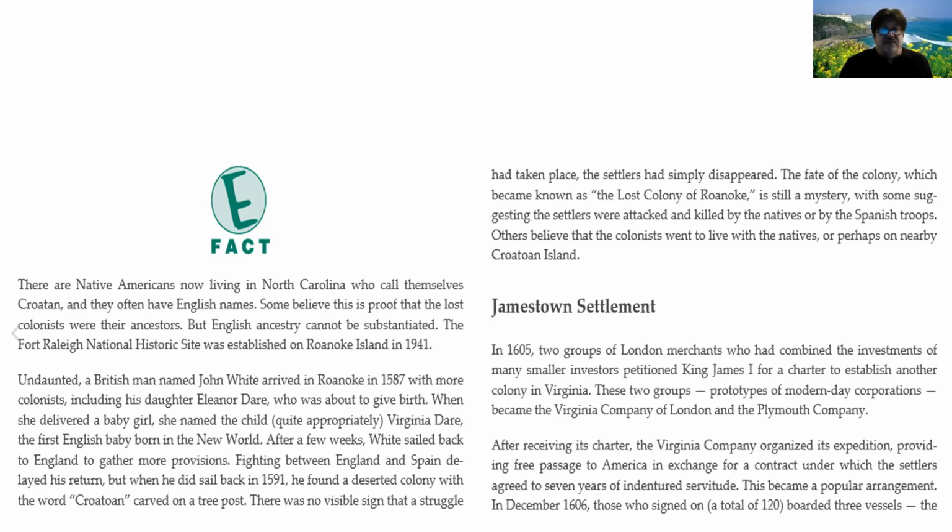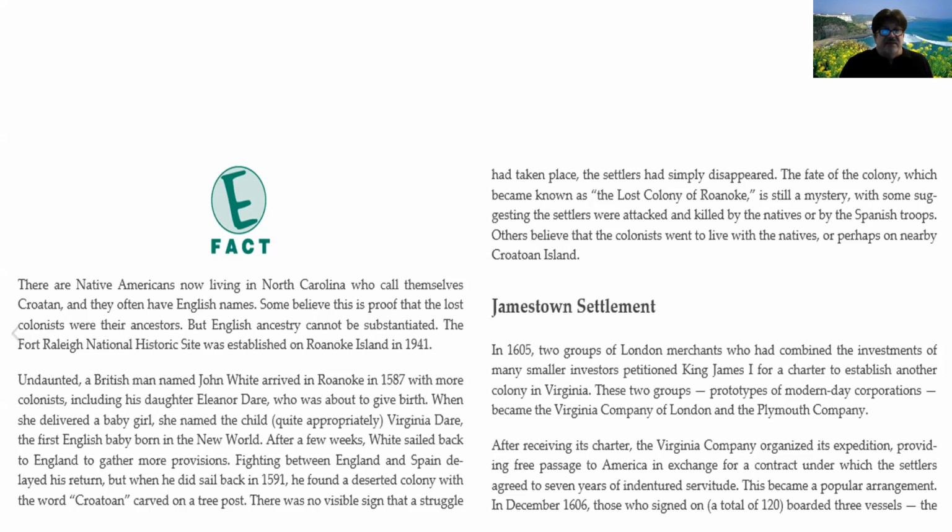After a few weeks, White sailed back to England to gather more provisions. Fighting between England and Spain delayed his return. And here's the connection you'll see from the fun fact.